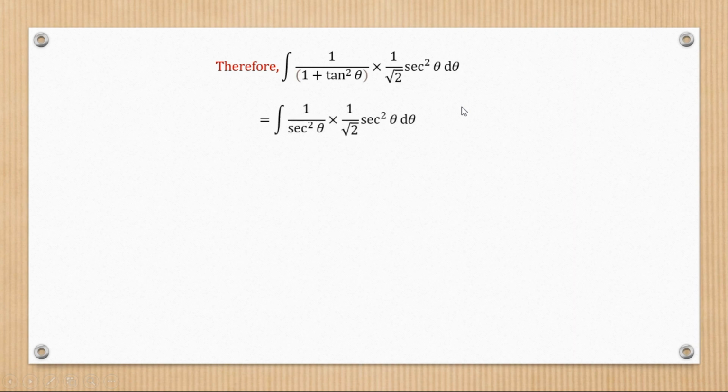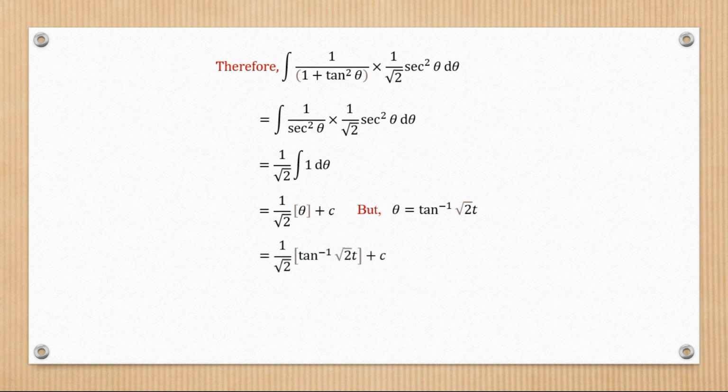So we can also see that this is going to be equal to sec squared theta, of which this and this shall cancel, and then we can pull out 1 over root of 2 out of the integral. So we'll have 1 over root of 2 into the integral of 1, because what's left inside is 1. The integral of 1 is theta, and we remember that theta is tan inverse of root of 2t, so we put that back in, and we'll have 1 over root of 2 times tan inverse of root of 2t.